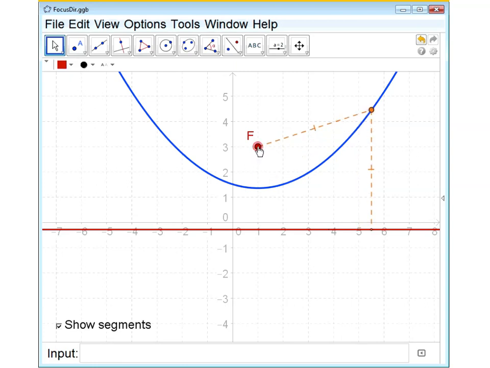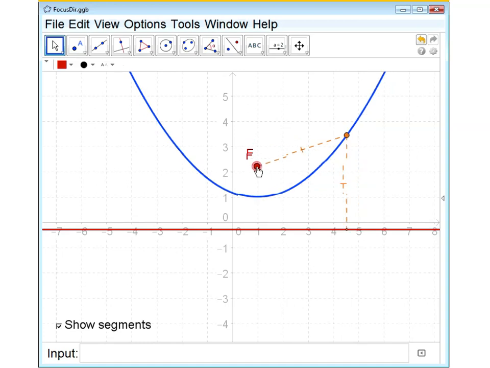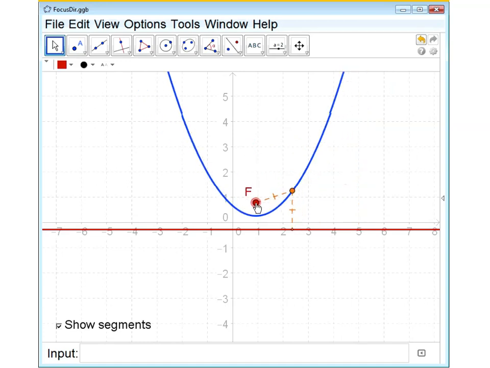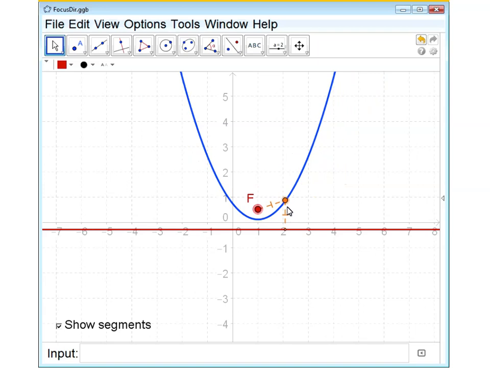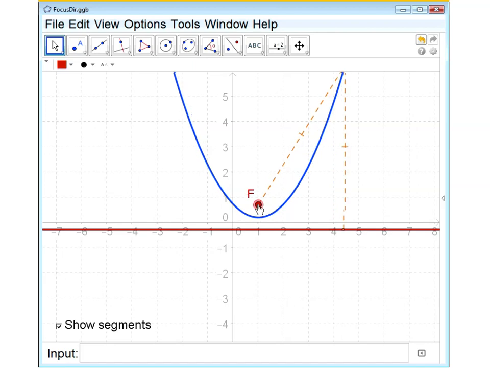So let me move it way out. As the focus moves closer to the directrix, if I move this point really far from the focus, in order to be the same distance from the directrix, it has to be a bit more narrow.